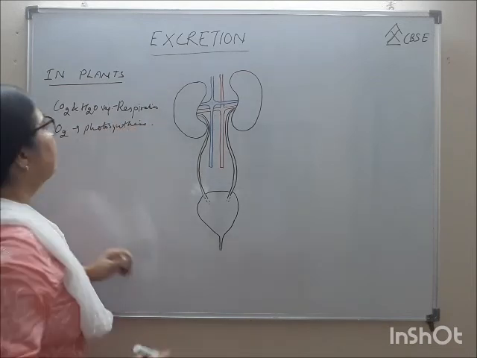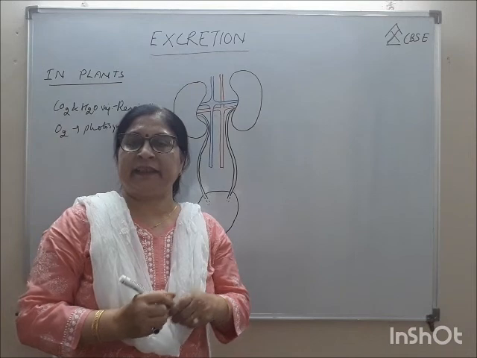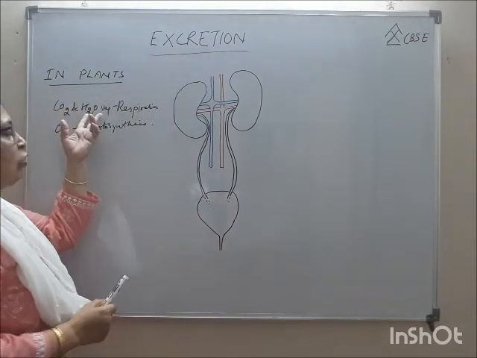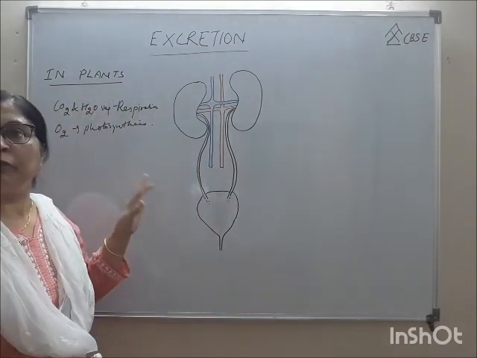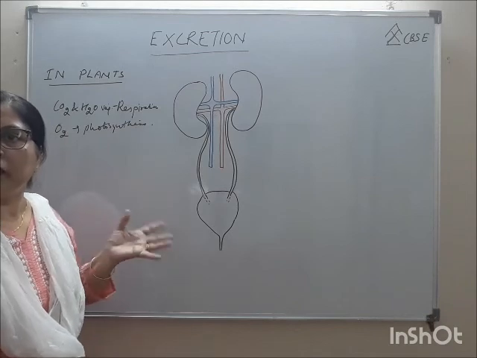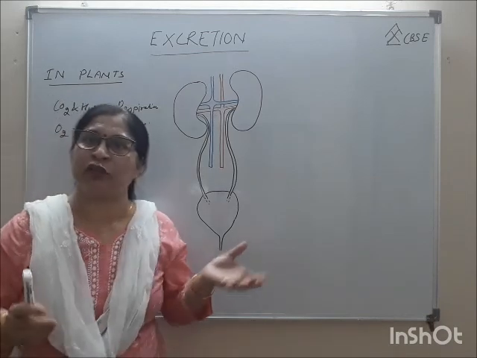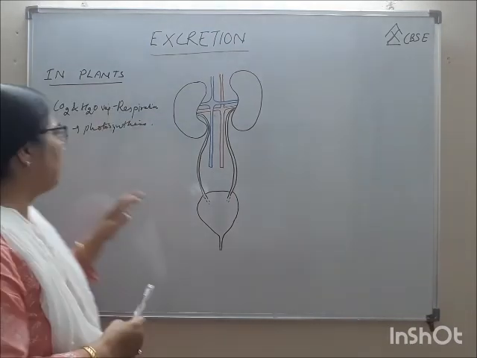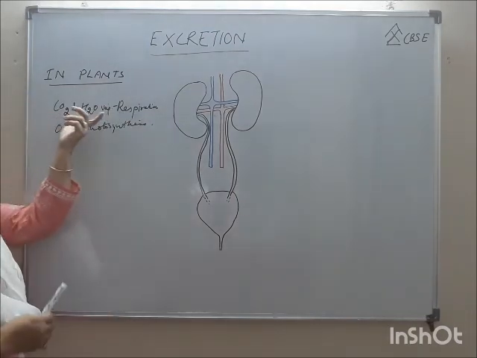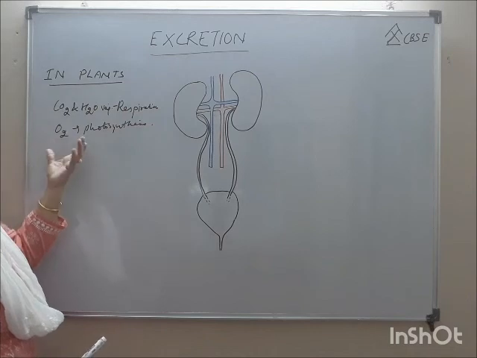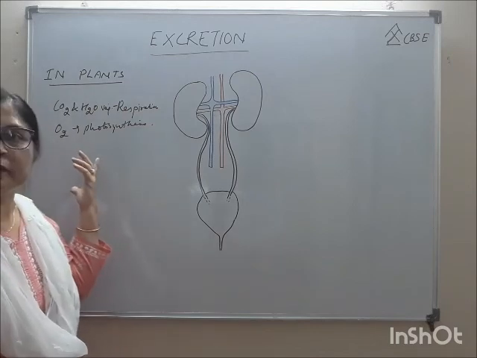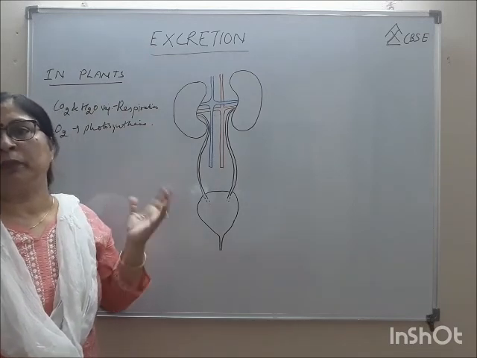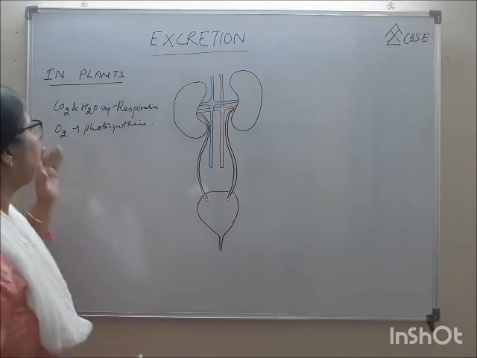And these excretory products, carbon dioxide and water vapor, come out from the stomata. Stomata we have already done in plants, that stomata helps in diffusion of gases. So by the stomata, carbon dioxide and water vapor come out. Same by photosynthesis also, oxygen comes out through stomata.